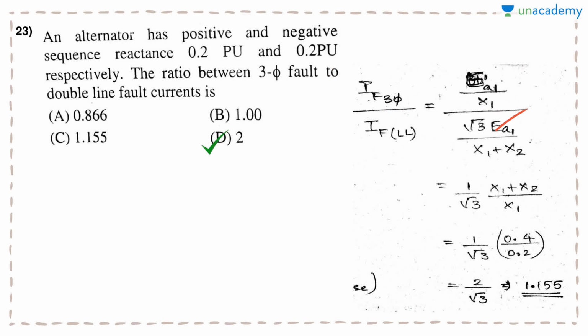X1 is 0.2, X2 is also 0.2. So 1 by root 3 times 0.4 divided by 0.2 is 2 by root 3, which is 1.155. That is option C. It's not D, it's option C. There is some error.